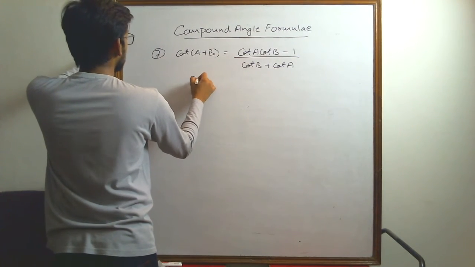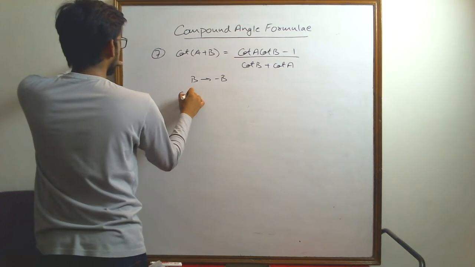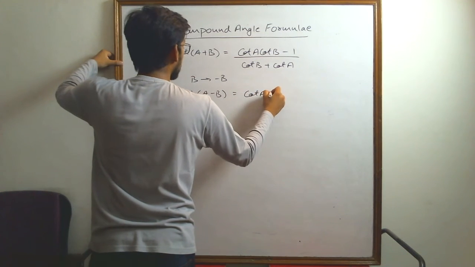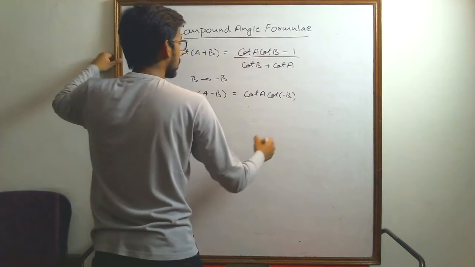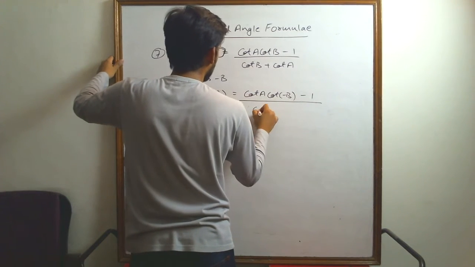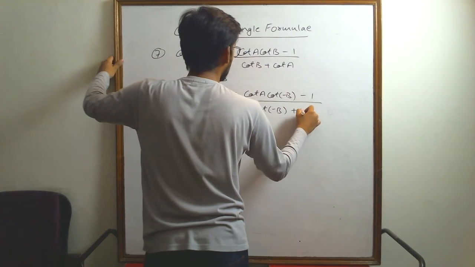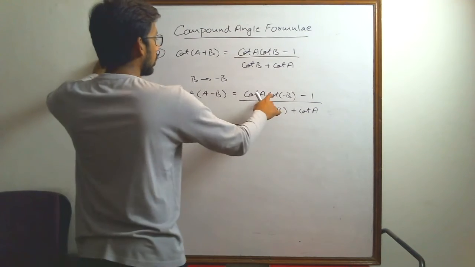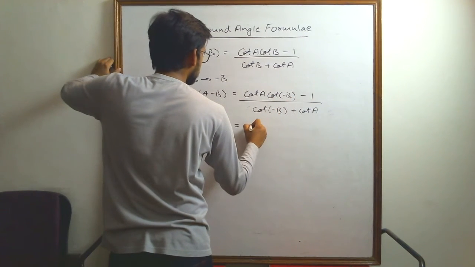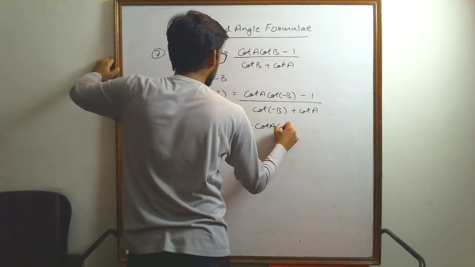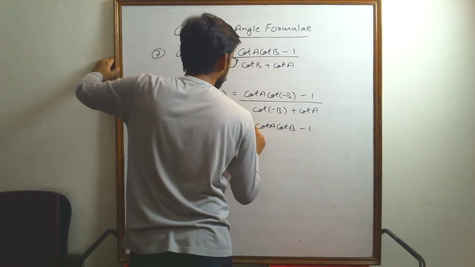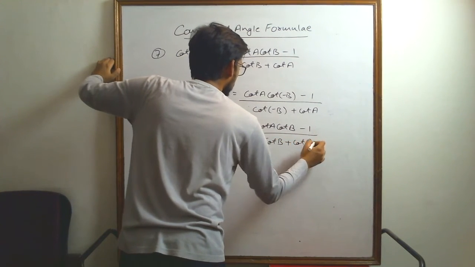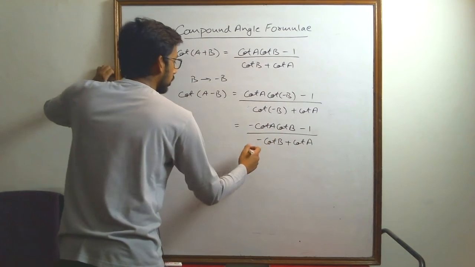That means the left hand side becomes cot A minus B, right hand side is cot A cot of minus B minus 1 upon cot of minus B plus cot A. Now cot of minus theta is minus cot theta, so cot of minus B becomes minus cot B. So this is minus cot A cot B minus 1 upon minus cot B plus cot A. Take negative common in the numerator and negative common in the denominator.